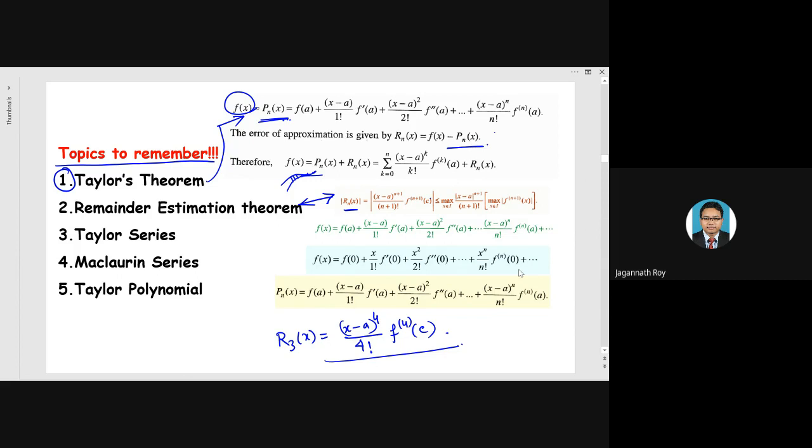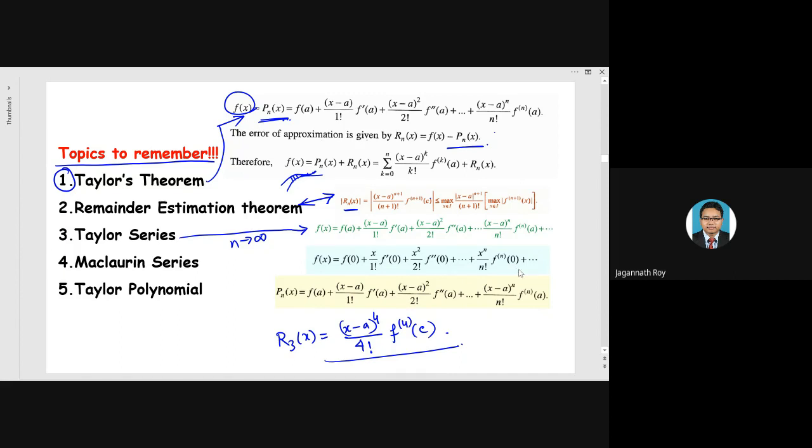Then the Taylor series is this one, where we allow n tends to infinity. Remember, sometimes people give many dots, which is actually not correct. By notation, 3 dots are sufficient to indicate infinity.